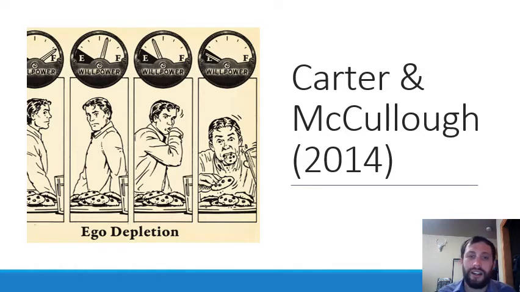So this Carter and McCullough study indicated that this is a question of QRPs, and the entire base of ego depletion is based on questionable research practices and maybe even questionable measurement practices, as we talked about, so the ego depletion effect size has been overestimated overall.